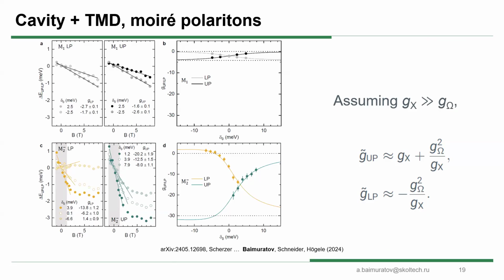Sure, but conceptually it is somewhat similar, because you suppress the oscillator strength of one spin component by polarizing electrons, and because you suppress the spin oscillator strength, you also suppress Rabi splitting and giantly amplify the Zeeman splitting because of the coupling to the photonic mode, right? Or did I misunderstand?